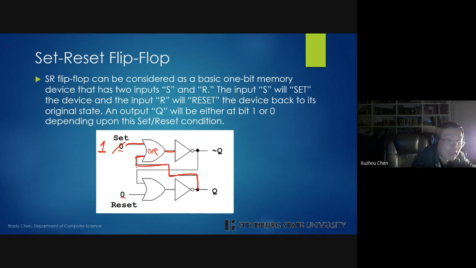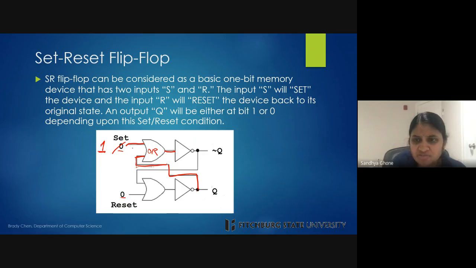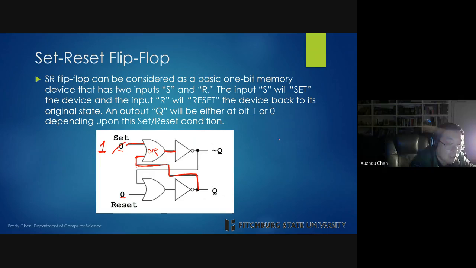What does an OR gate mean? If both are 0, the output is 0, otherwise it's always 1. In an OR gate, if one input is 1, the other input, say X, could be 1 or 0. It doesn't matter. The output is always going to be 1. So this must be 1.